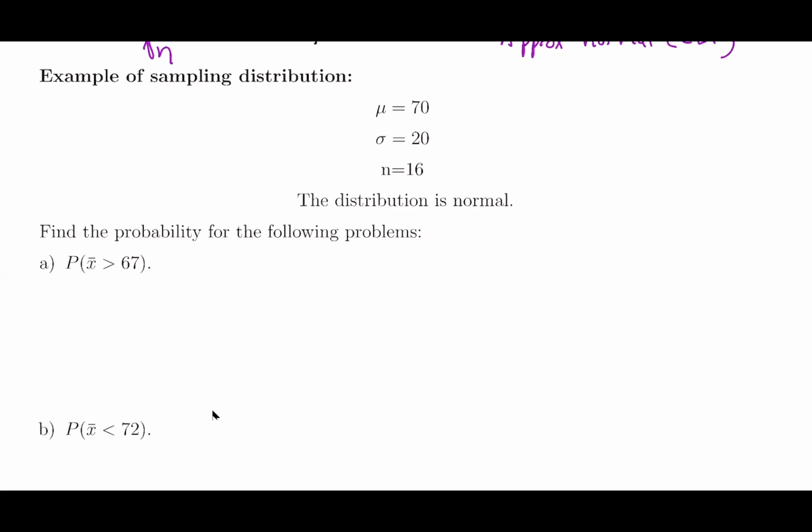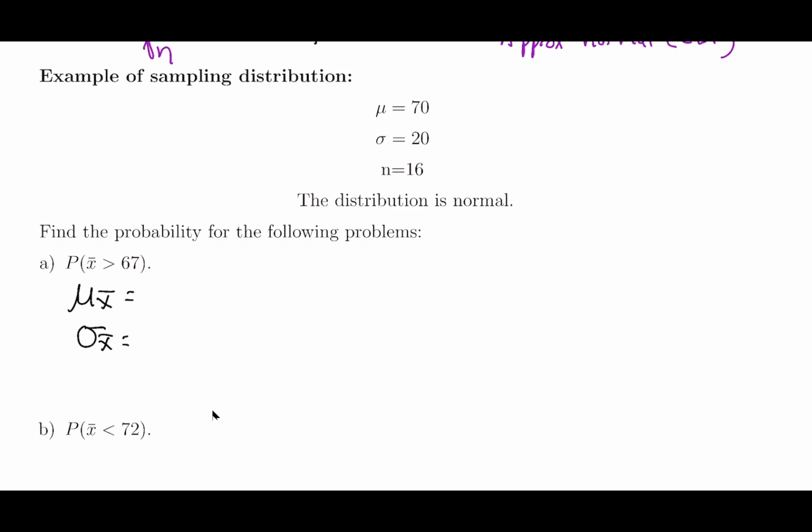So we want to find what mu of x bar is equal to, and what sigma of x bar is equal to. What's mu of x bar equal to? 70.